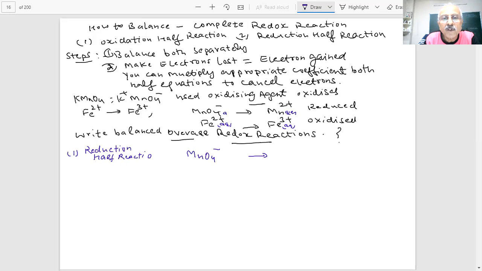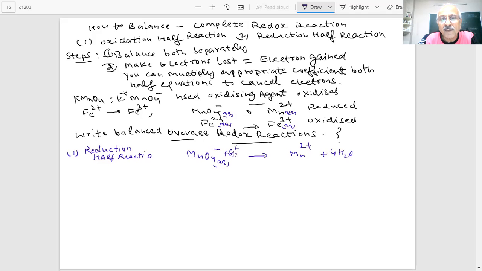Manganese is balanced. How many oxygens? 4. So what are you adding? 4H2O. And then how many hydrogens? 4 into 2, 8.